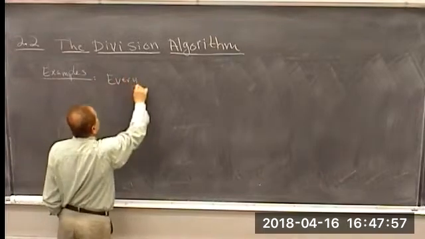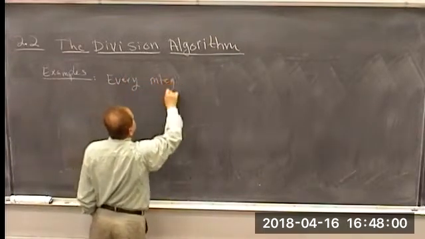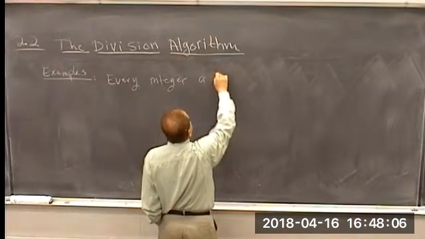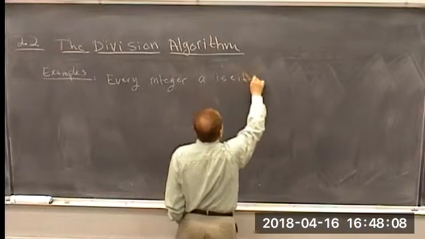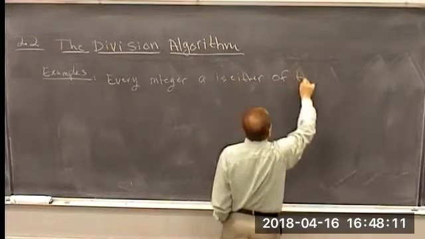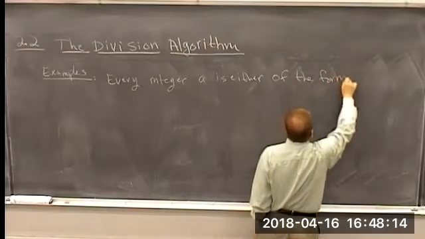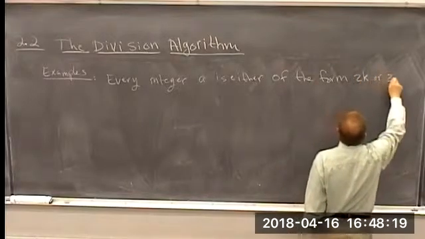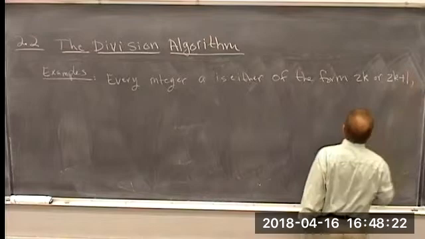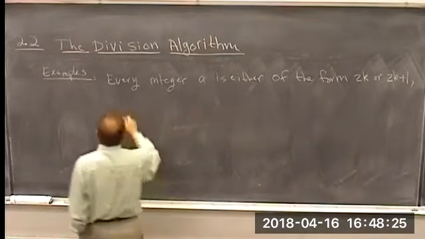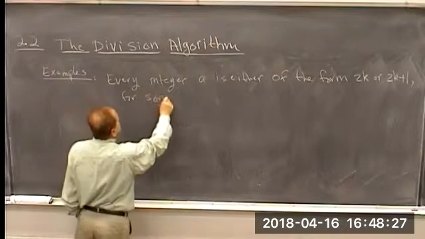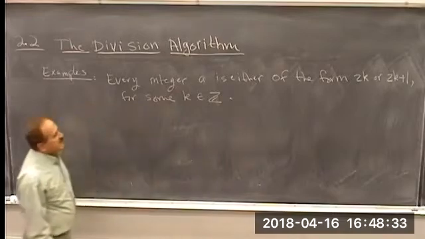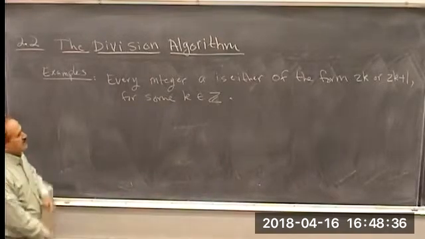Every integer A is either of the form 2k or 2k plus 1 for some k in Z, where Z is the set of all integers, positive, negative, and 0.